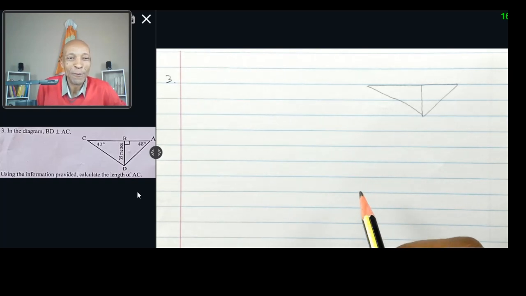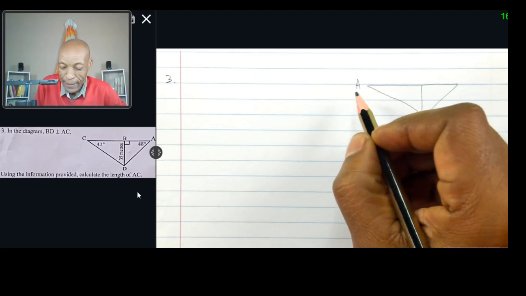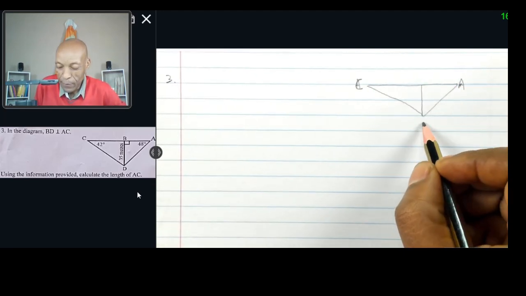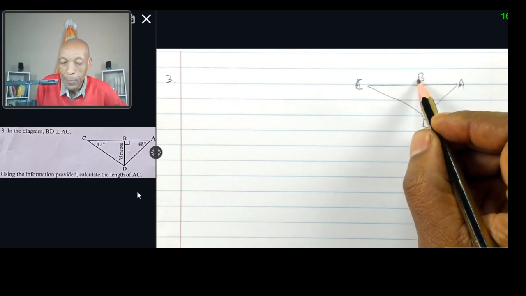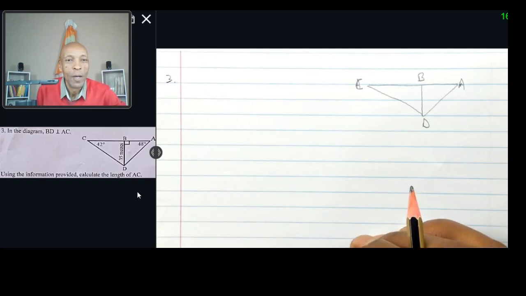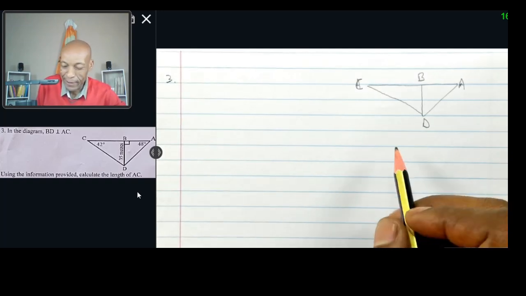Right, let's see. We have that triangle there. So in this triangle, they want us to find what? The length of AC, isn't it? Okay. So we have C there. Then we have A that side, AC. Then we have D. Then we have B. And they give us all that information. So, how many triangles? Let's see.